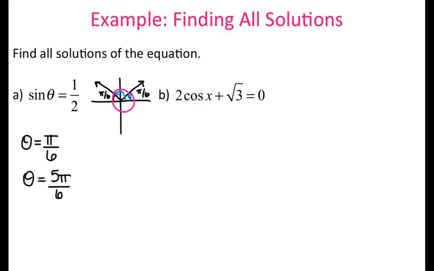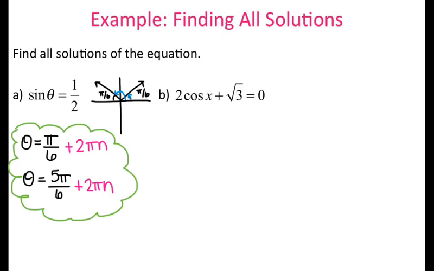So I can keep going around and around and around, and you can still have sine of that angle being 1/2. The way that we write that is you are going to add a 2 pi n to both of those solutions. The 2 pi n will allow us to add infinite full rotations to get all of the solutions. And it's 2 pi n because the period for sine and cosine is 2 pi.